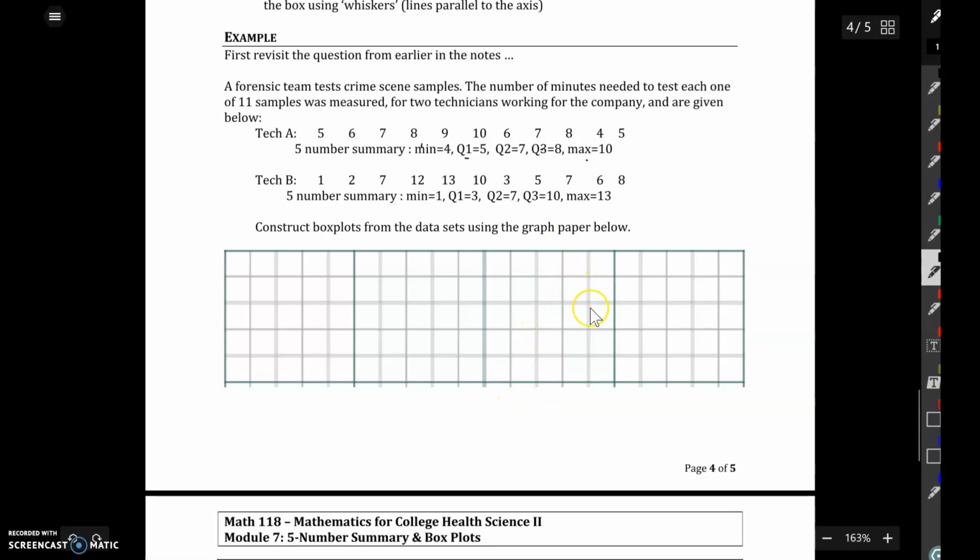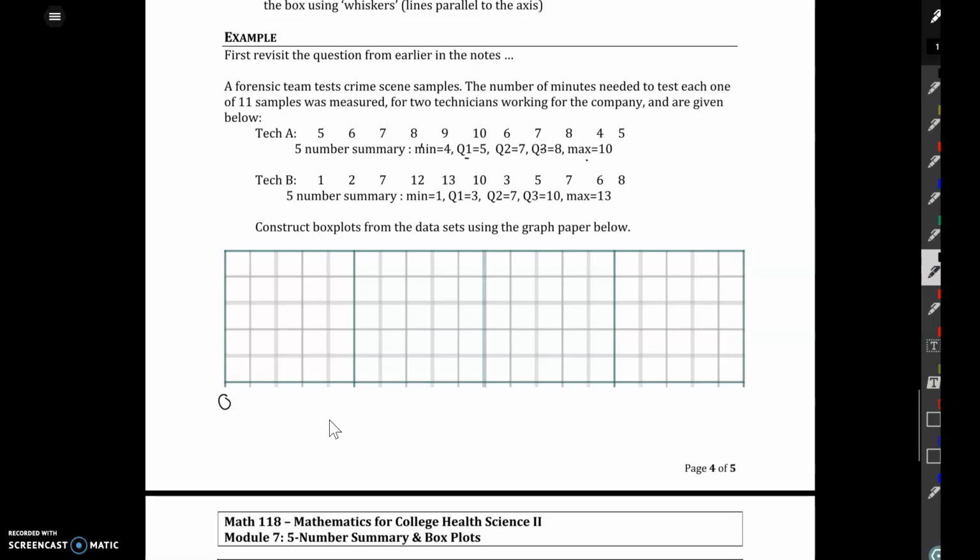The first thing that we do is we have to decide on a scale and label our axes for our box plot. We pay attention to the range of the data and think about what increments we should go up on. Because we have to go from 1 to 13, it makes sense to probably go from at least 0 to 15, and we'll label every line with the digit 1.